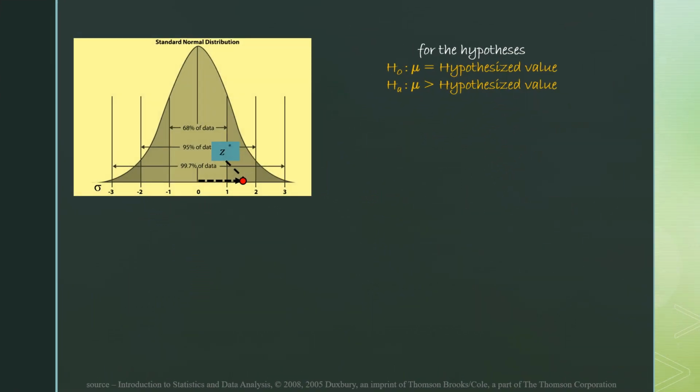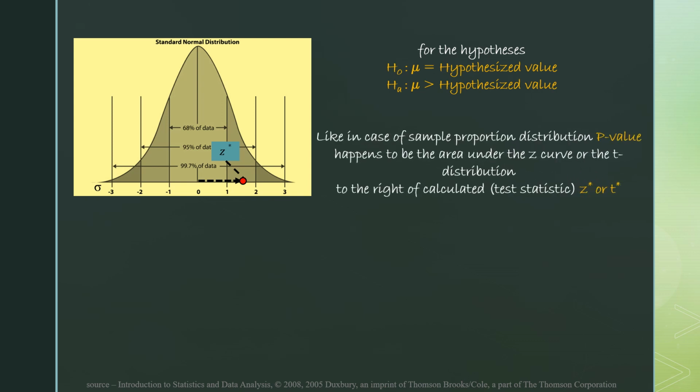For the hypotheses H0, that is mu equals the hypothesized value, and HA, mu is greater than the hypothesized value: like in the case of the sample proportion distribution, the p-value happens to be the area under the z-curve or the t-distribution to the right of the calculated test statistic z star or t star respectively.